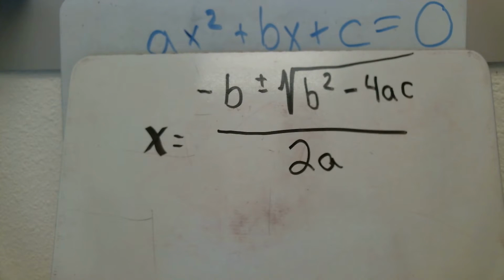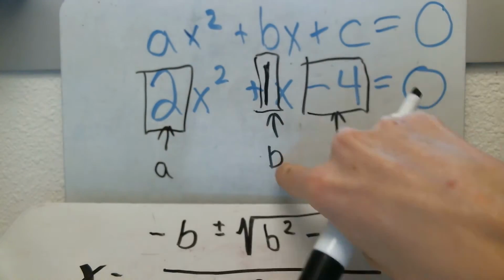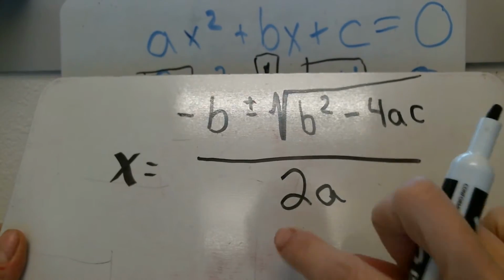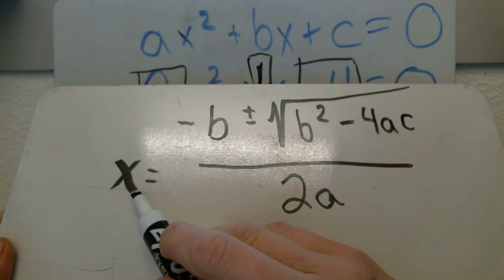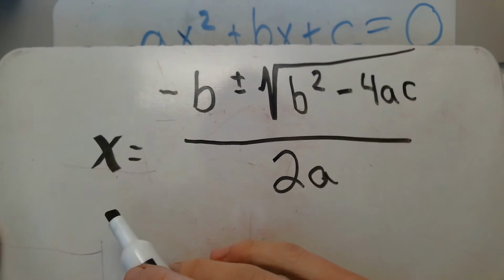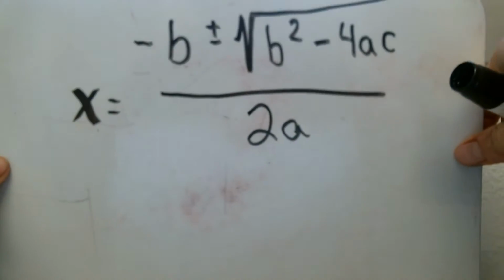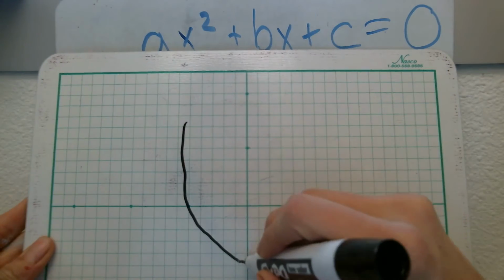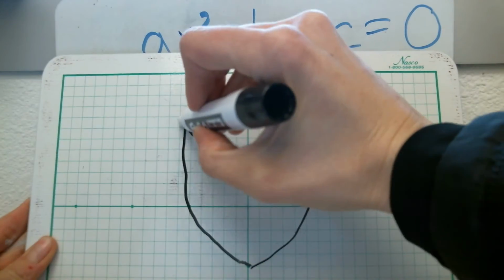Okay. So once you have your equation set up with your a, b, and c like this, it's just a matter of plugging your values into here and solving. What will happen is you'll end up with 2 values for x, and those 2 values of x, again, are where your parabola is going to cross your x-axis, if you remember from the picture a minute ago.